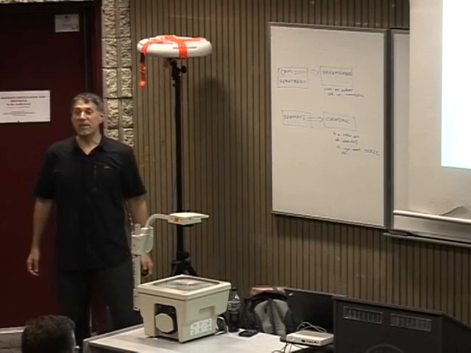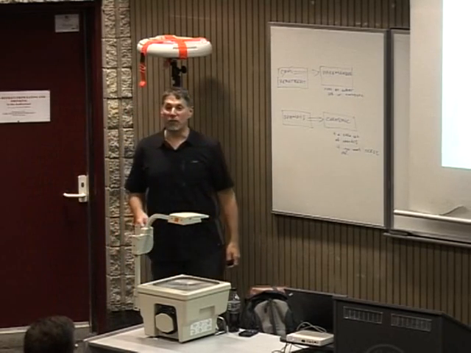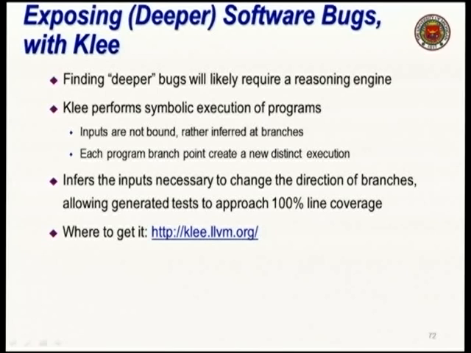Now, if you want to get deeper bugs, you need a more powerful fuzzing tool. And a great one to take a look at is Klee. There's a commercial version, non-open source, sold by a company called Coverity, if you've heard of them. But essentially what this tool does is it looks for deeper bugs by taking fuzzed inputs, so it's generating fuzzed inputs, and then looking at what your code coverage is.